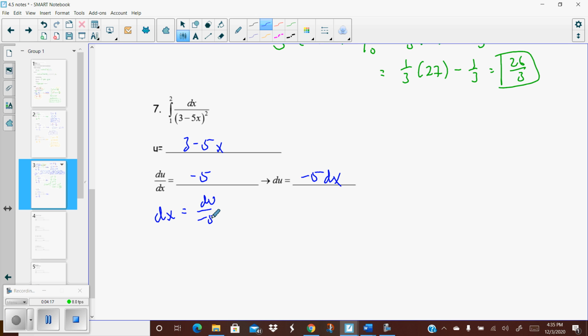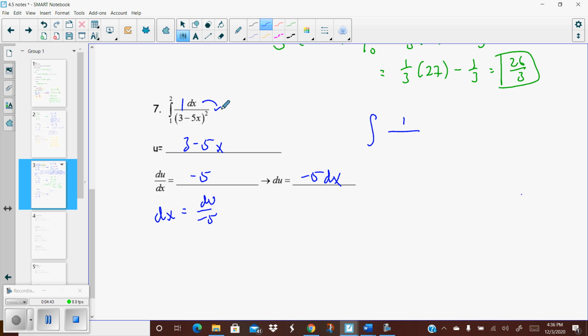So then we can go ahead and replace the stuff in our integral. I don't like the dx being on top. That tends to confuse people. Although they'll always put the dx on top, it seems like, when there's really a 1. So I'm just going to put the 1 up there, bring the dx off to the side, and just know that you really have a 1 up there.